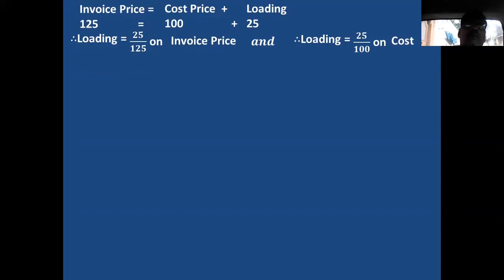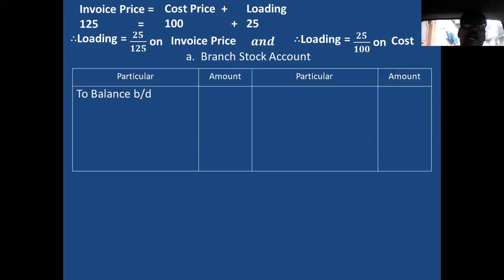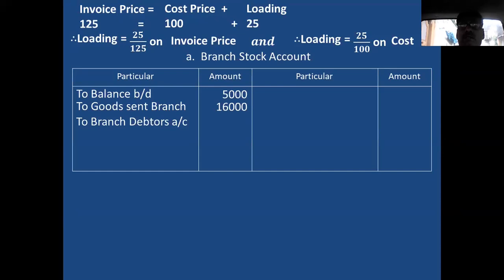Then see the branch stock account. To balance brought down, opening balance is 5,000. Second item, goods sent to branch, 16,000. Third item, branch debtors account, sales return, 400. Debit side, three items completed.